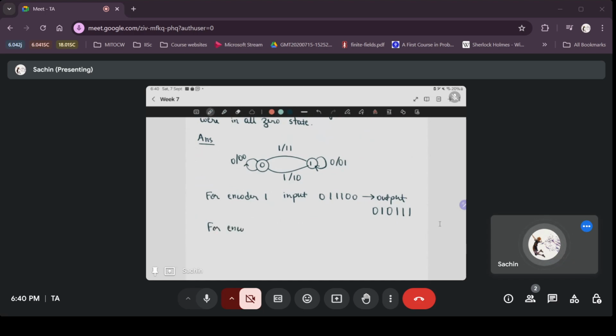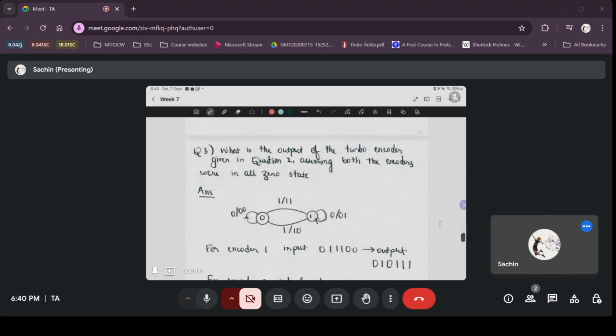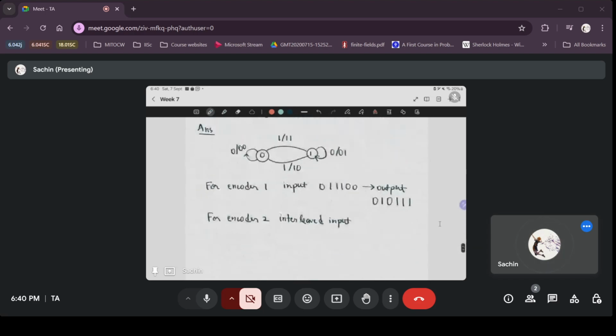For encoder 2, the input is interleaved. So the interleaved input is what we had in the previous question, 1 triple 0 double 1. So 1 triple 0 double 1, that will give you the output. So you are in state 0, you get a 1, your output is 1, you go to state 1.